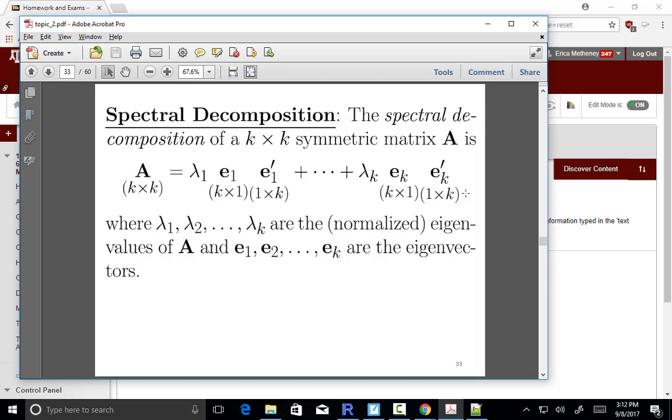One of the things that is intuitively good to get about what eigenvalue eigenvectors are doing is that once you know them, you can express the original matrix, like a covariance matrix or a correlation matrix, as this sum.